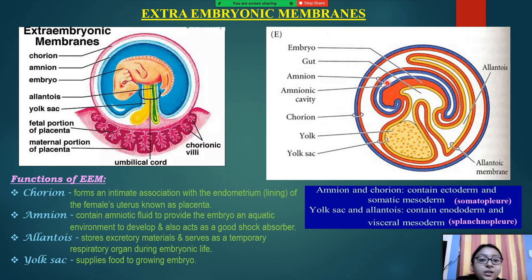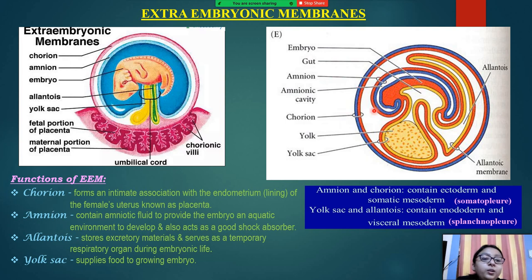This is the amniotic cavity, and the entire thing is covered by another membrane which is known as chorion. In the case of amnion and chorion, you will see that the colors are the same, blue and red. Here red is the mesoderm and blue is the ectoderm.